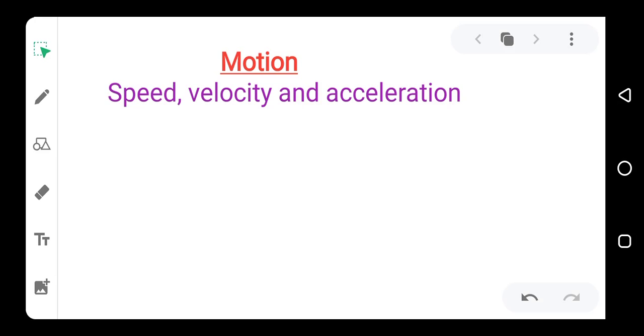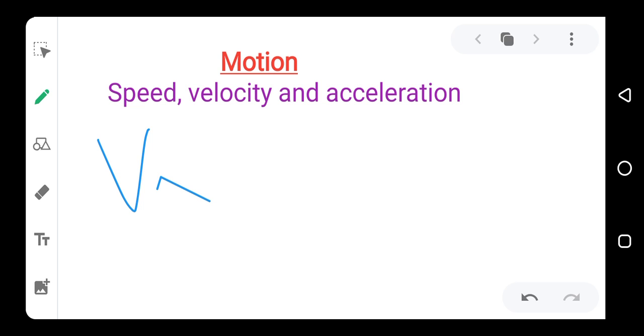Now let's start with velocity. Velocity is the rate of change of distance covered.